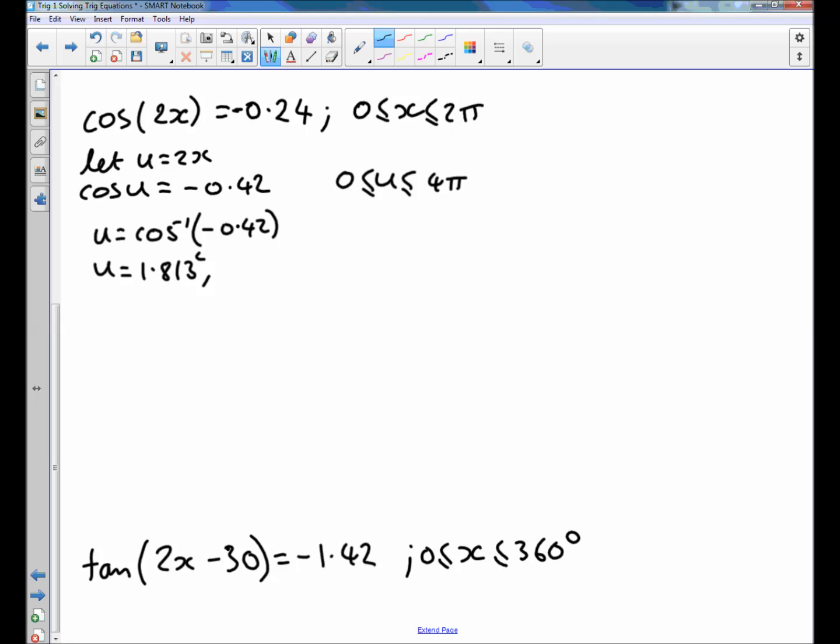So now, secondary solution. So I need to sketch my graph. So I need the graph of cos x between 0 and 4 pi. So pi, 2 pi, 3 pi, 4 pi, half pi, 3/4 pi.